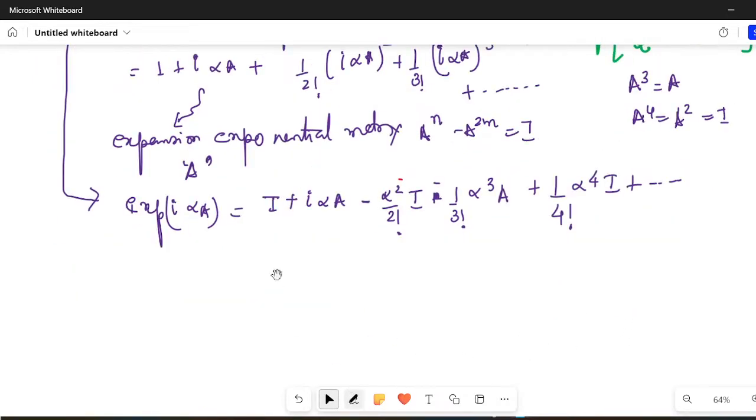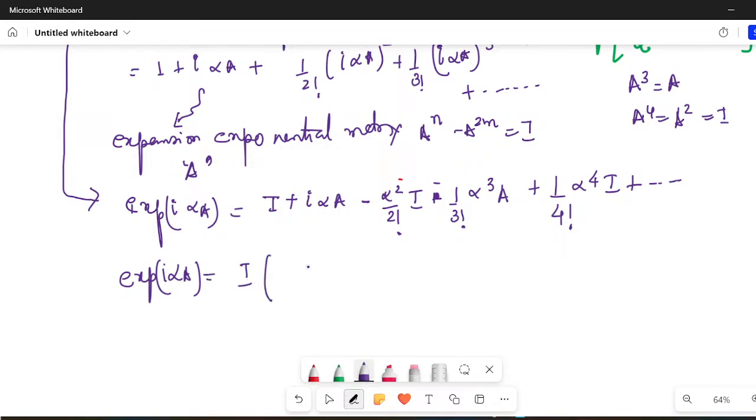I will simply get that e raised to power of iota alpha A is equal to what? If I take identity common out, then this will be 1 minus alpha square upon 2 factorial plus alpha to the power 4 upon 4 factorial, and then there would be an infinite series all along. Then if I take A common, then what I'll get?